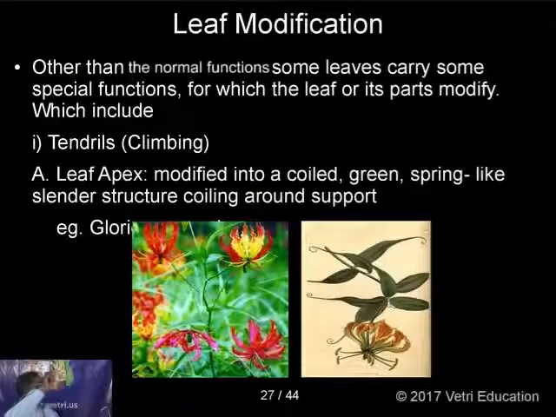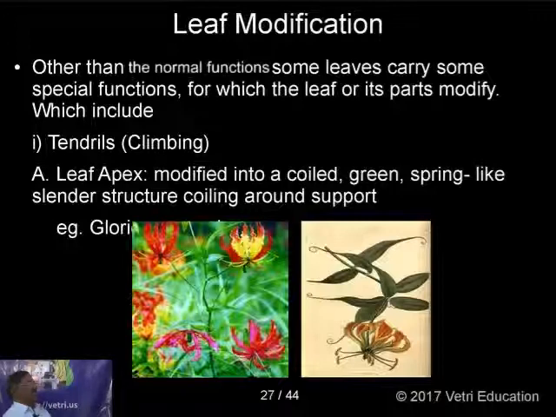Next you see the leaf modifications. Other than photosynthesis, some leaves carry special functions for which the leaf or its parts may be modified in different ways. The first modification is for climbing. A leaf part is modified into a climber.